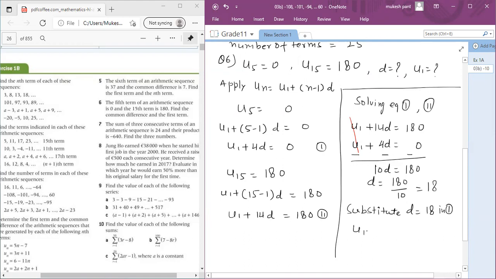So u1 plus 4 times 18 equals 0, so u1 plus 72 equals 0. So u1 equals negative 72. This u1 is the first term, and d is the common difference.